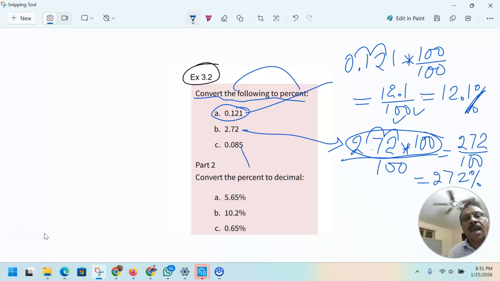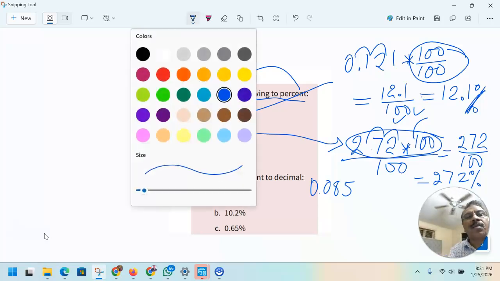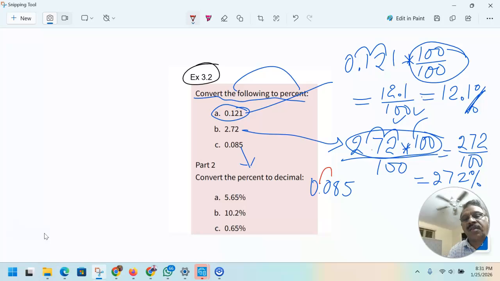Okay, and the last one is 0.085. Now I'm skipping this step every time, now that you know how it works, so we can directly just move this decimal two places to the right to convert to percentages, and that is 8.5, and just put percent, and you're done.